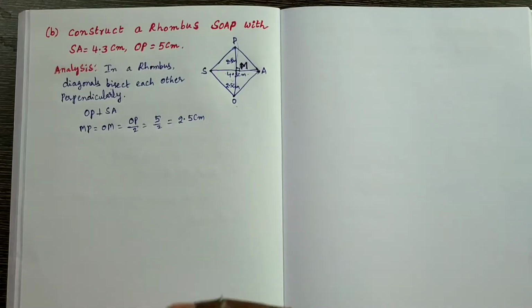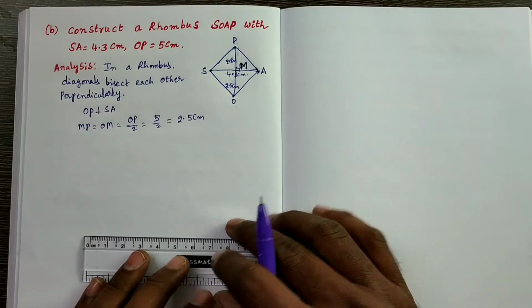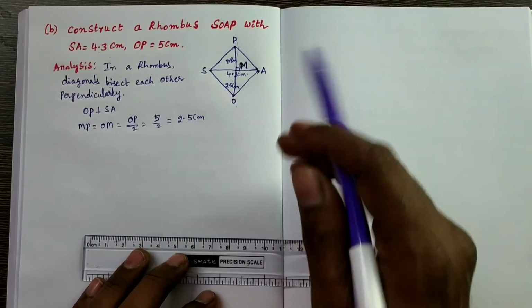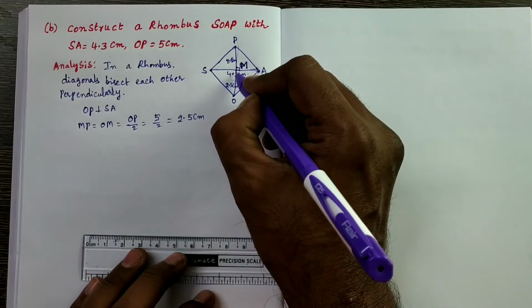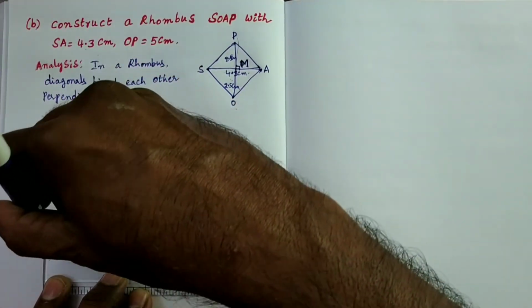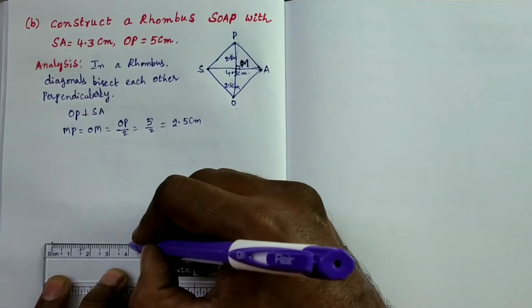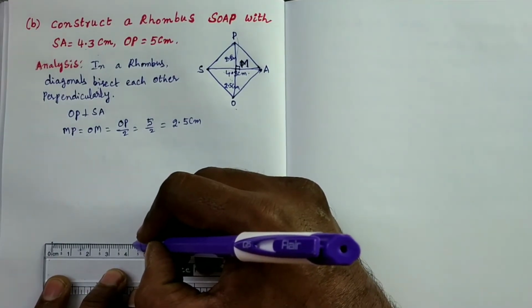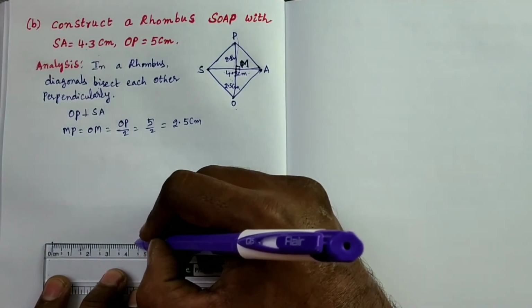Let us go to the original diagram. First, draw a line segment SA equal to 4.3 centimeters. 0, 4, 4.1, 4.2, 4.3.